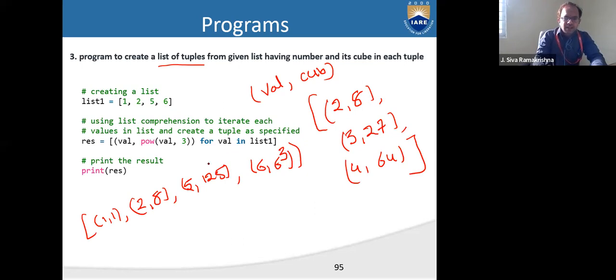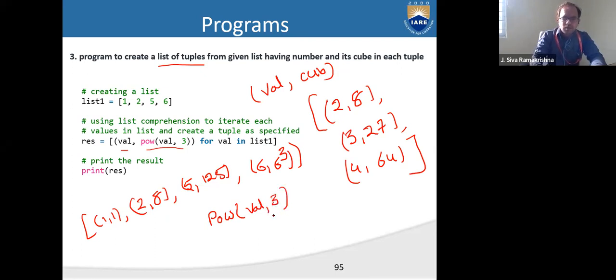This is done with a simple logic in a single line. The resultant is a list of tuples where the tuple elements are nothing but the value, comma, power of value, comma, 3. Power is a function which takes the value, power, value, comma, 3.